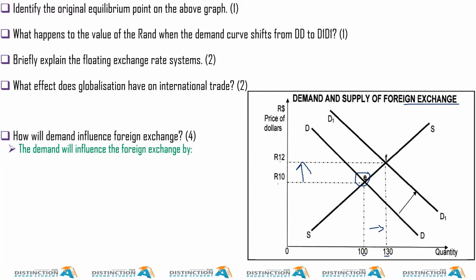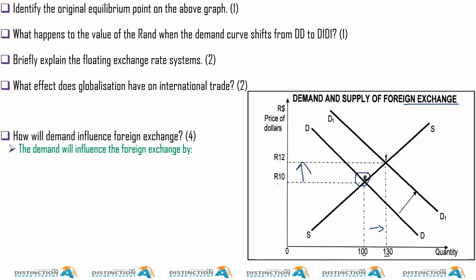So what has gone, the demand for foreign currency has increased, and the supply of foreign currency in this case stayed the same. So what has happened here is the dollar has appreciated and the rand has depreciated due to an increase in demand for foreign currency.